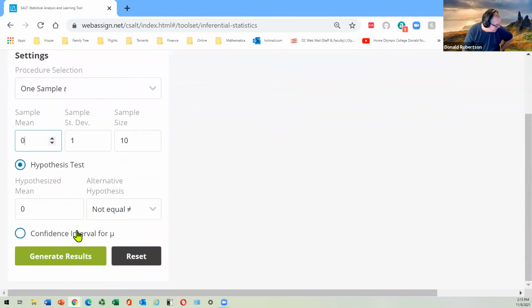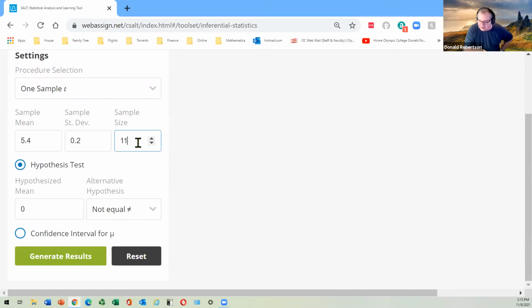One sample T, and we'll put in the sample mean, which was 5.4, the sample standard deviation, which was 0.2, and the sample size, which is 11.